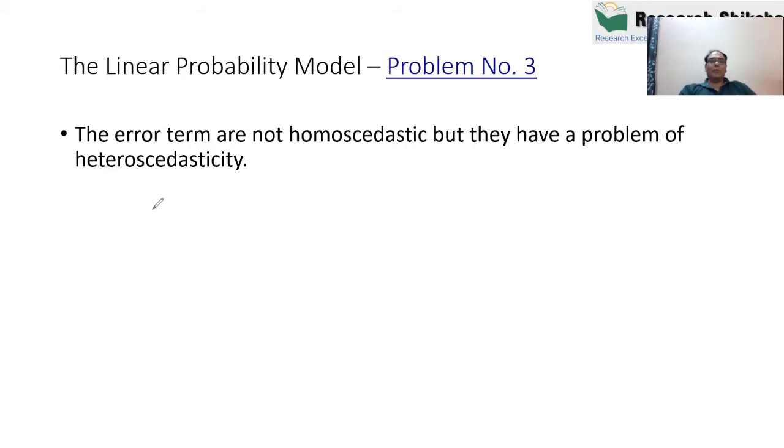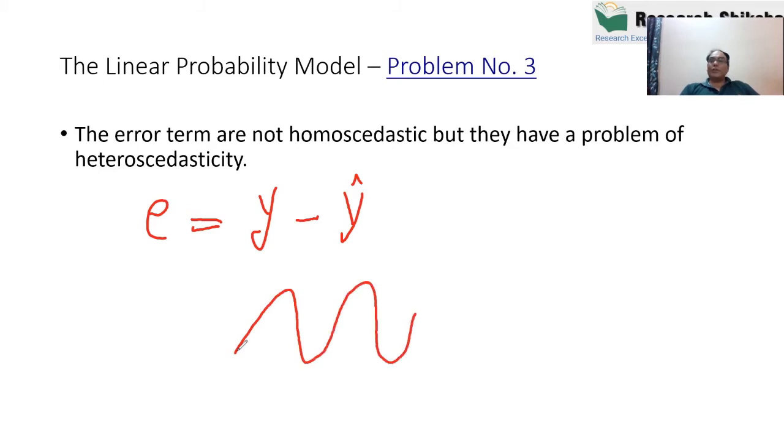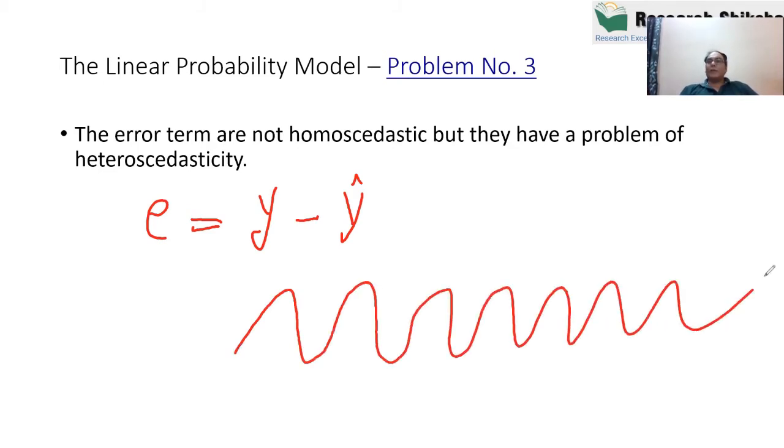You know that the error of a regression model is the actual value of y minus the predicted value. So this error term is not found to have constant variance. The variance of this error term is sometimes very low and sometimes very high.